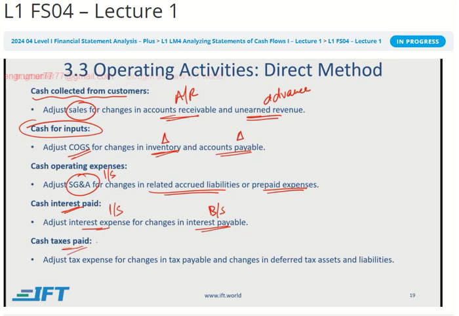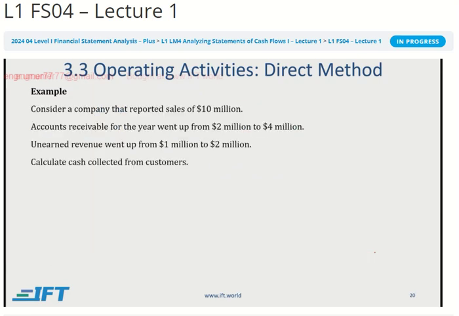And for taxes paid, again, tax expense from the income statement, and deferred tax asset or liability depending on what the situation is. Have we paid extra tax, then it will be an asset for us. If we have paid less tax and we will have to pay it in the future, then it will be recorded as a liability.